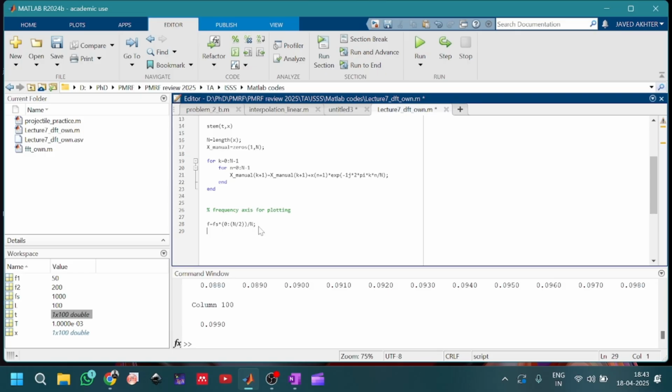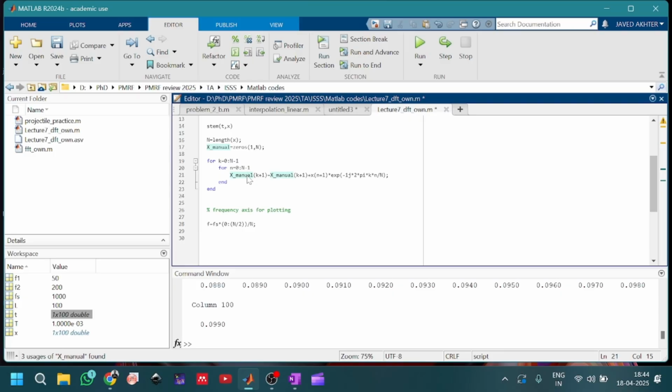Also, here you are storing the Fourier transform value, and it is a complex number, so it has a real part and an imaginary part. If you want to plot only the magnitude, then we have to take the absolute of this number.